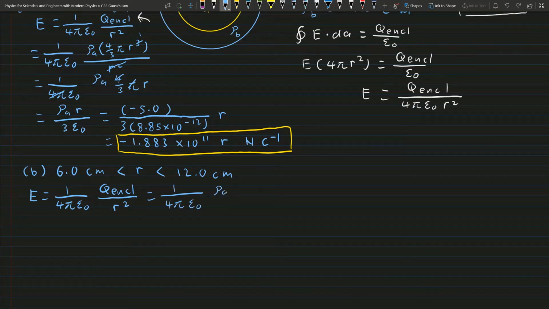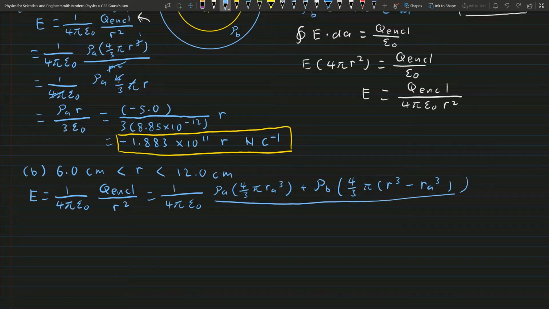times rho A times 4/3 pi RA cubed, plus rho B times 4/3 pi, r cubed minus RA cubed, over this r squared.